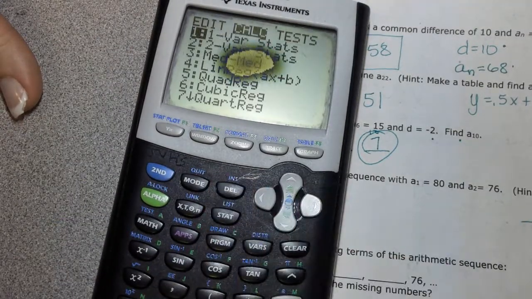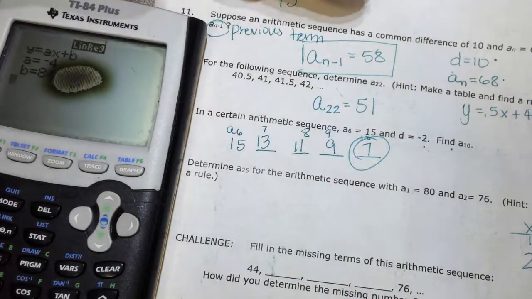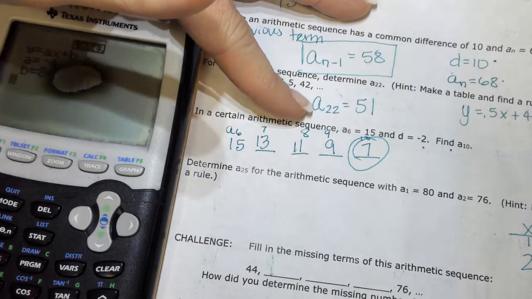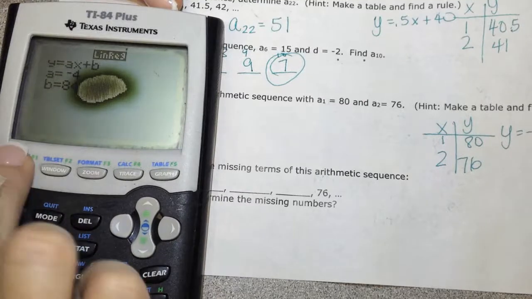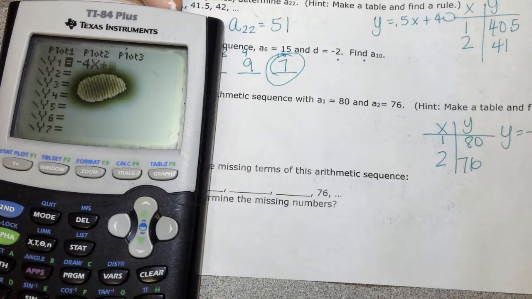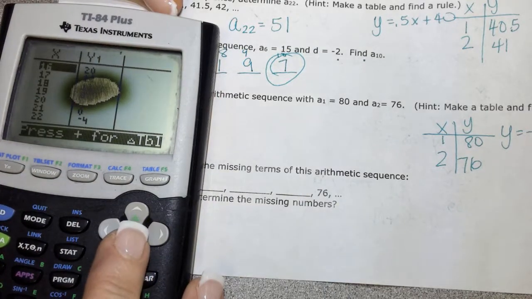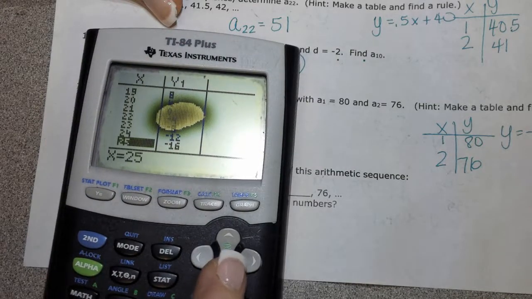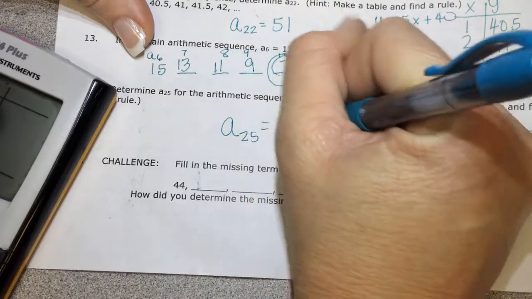So I'm going to go back to stat and then calc. So I have that it is y equals negative 4x plus 84. So now I'm going to go to y equals and input my equation and look at the table, and whenever x is 25, I want to see what that term value is, and it's negative 16. So that means a sub 25 equals negative 16.